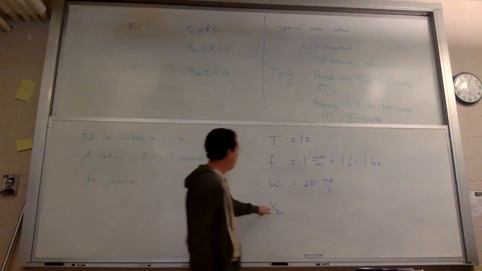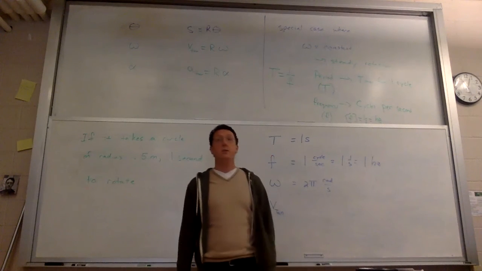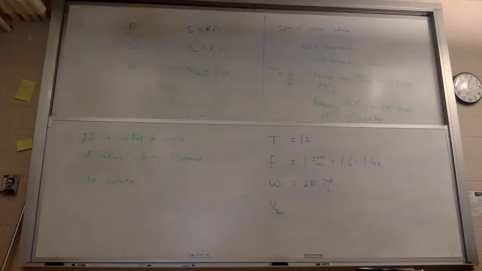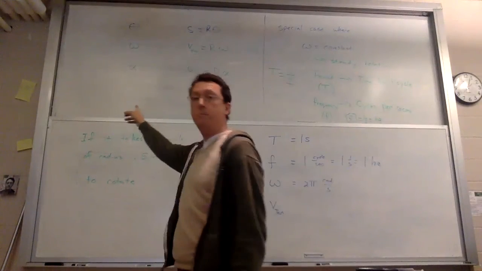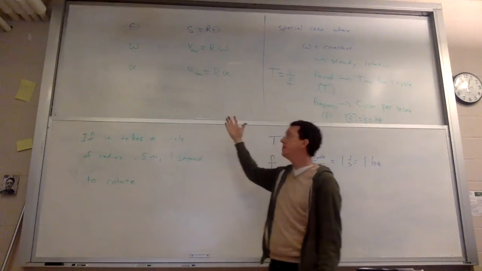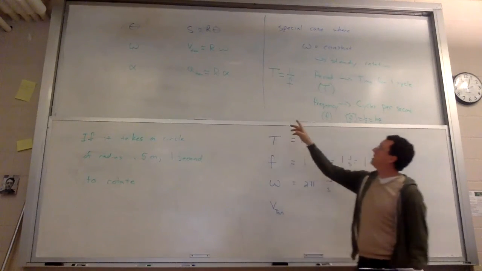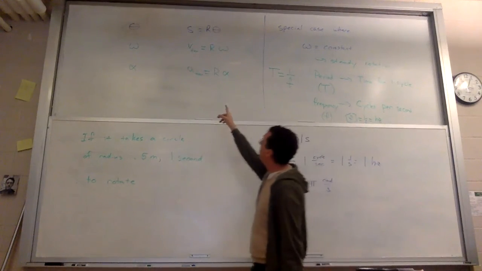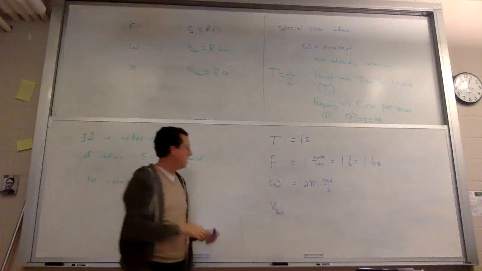All right. Now, let's find the tangential velocity. How do you relate omega to the tangential velocity? We go back to our main equation for circles, namely that you can say that S is R times theta, or you take a time derivative, you get the tangential velocity is R times omega.